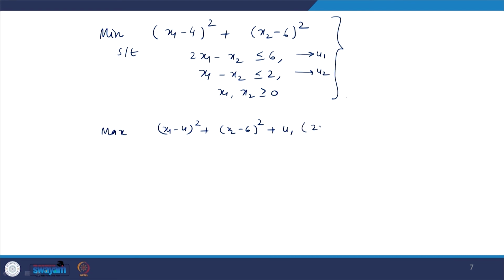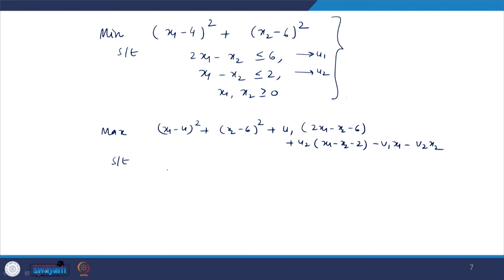So, u1 times (2x1 minus x2 minus 6) plus u2 times (x1 minus x2 minus 2) minus v1 x1 minus v2 x2. Subject to, now you take the gradient of this problem.